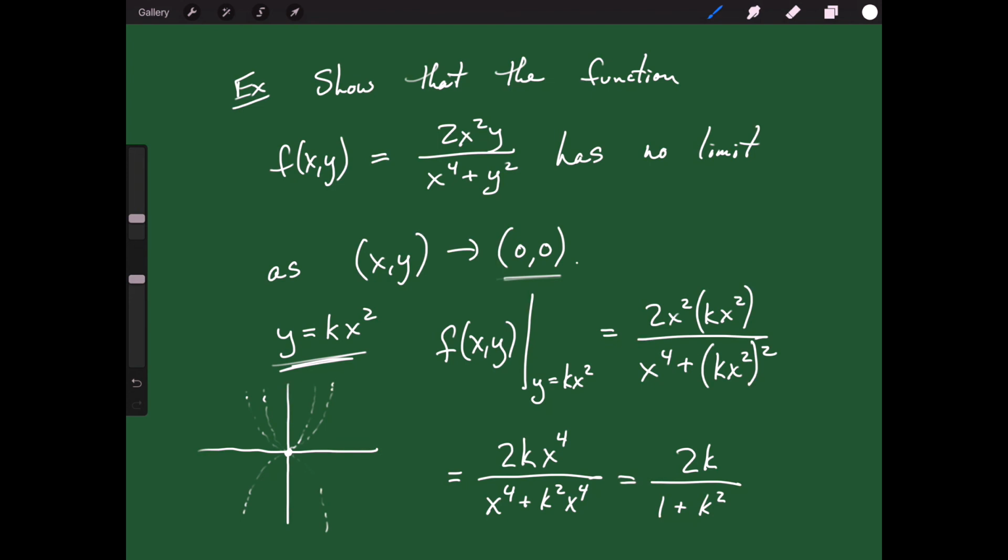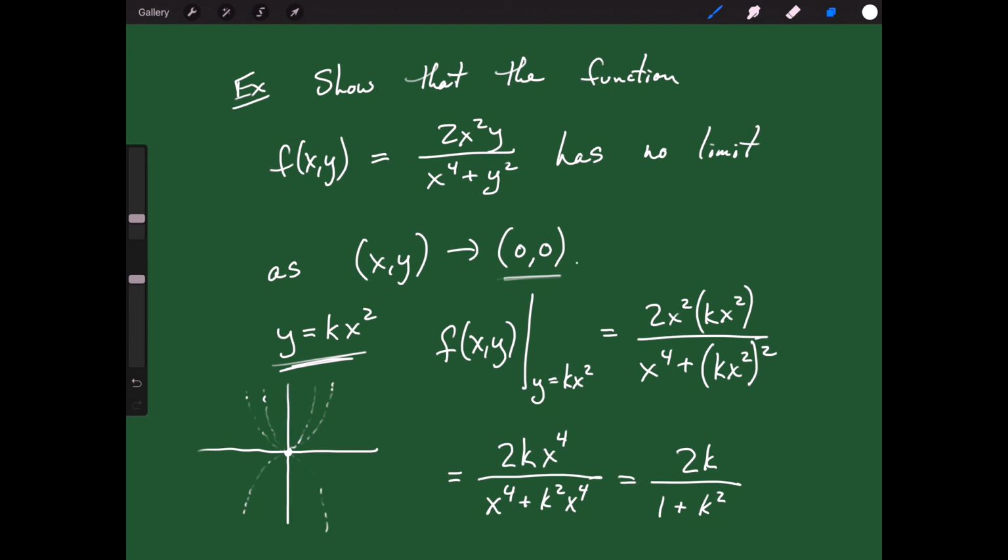Now, this is saying that if I take the path kx squared, this is what I'm going to get out of the function. Now, what if k was 1? What am I going to get out as all of the functional values here? Well, if k is 1, then I'll get out as my functional values 2 over 2, which is 1.